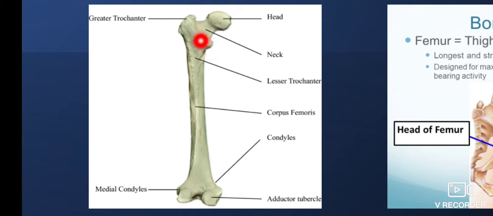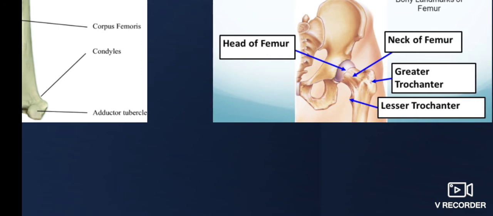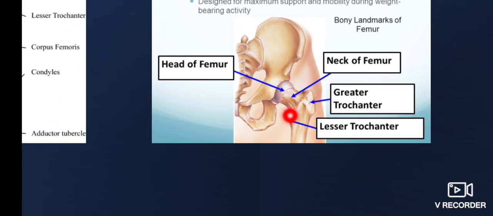Then connecting the greater and lesser trochanters, there is the intertrochanteric crest on the back side, and anteriorly it is connected by the intertrochanteric line. This is the intertrochanteric line. So the intertrochanteric line and the intertrochanteric crest are two ridges present on the anterior and posterior aspects.